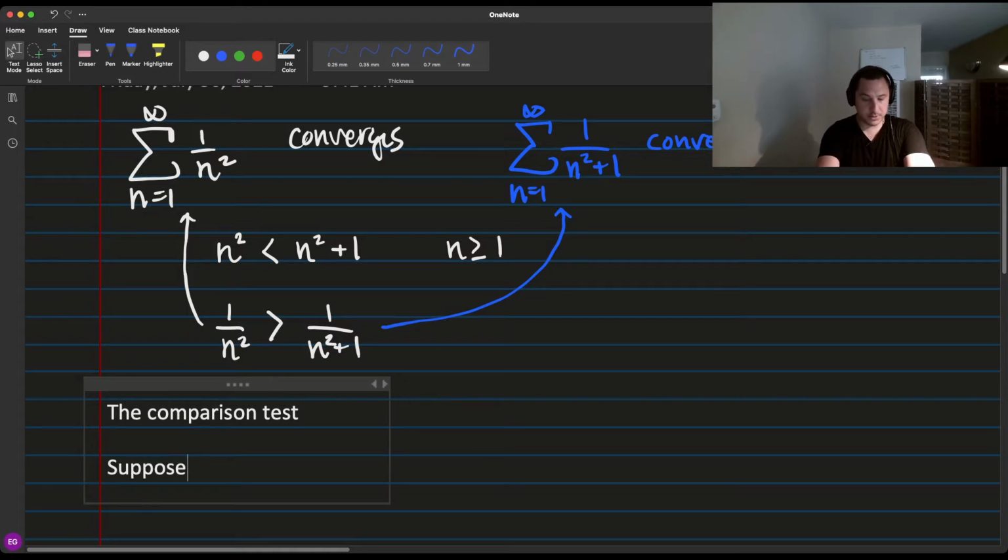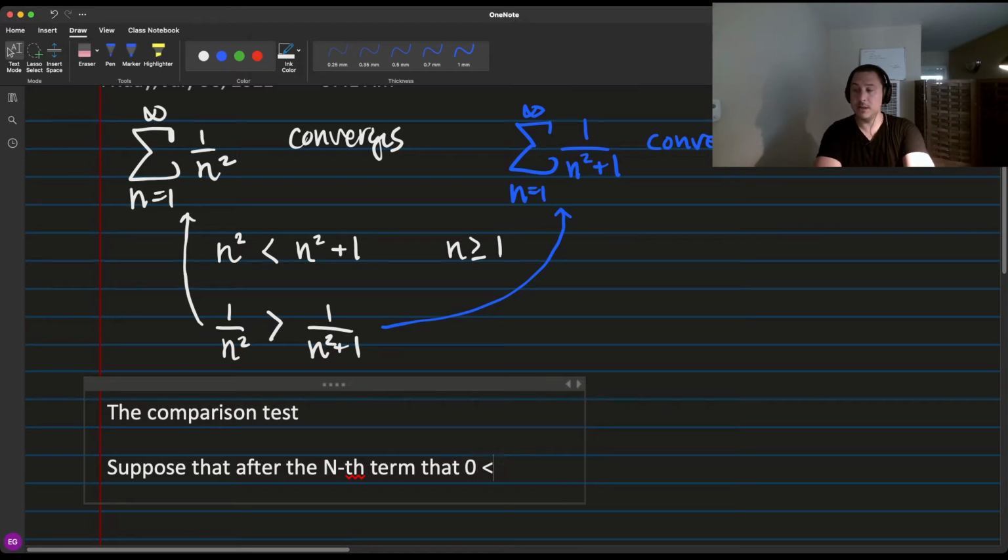Suppose that after the nth term, an is less than or equal to some other sequence bn.